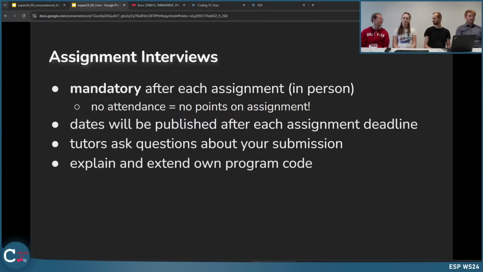So you really need to know your code there, otherwise you're unable to do that. Yes, so at some assignment interviews you will need to be able to actually extend your submission and code something in C.